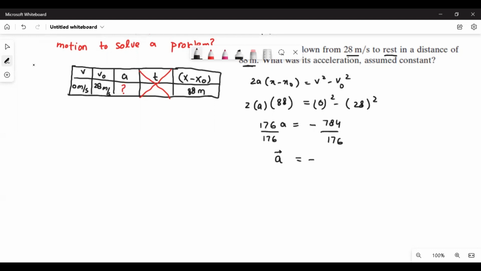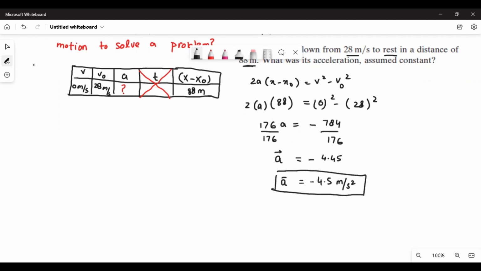So the answer is negative 4.45. Usually we write the answer in two significant figures, so I can rearrange it. The acceleration is negative 4.5 and the unit is meters per second squared. So this is your final answer.